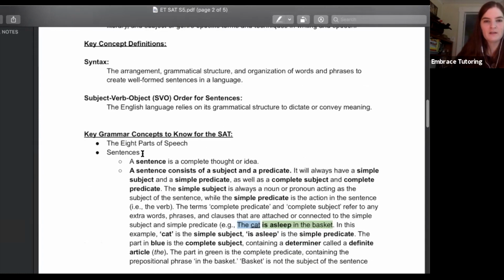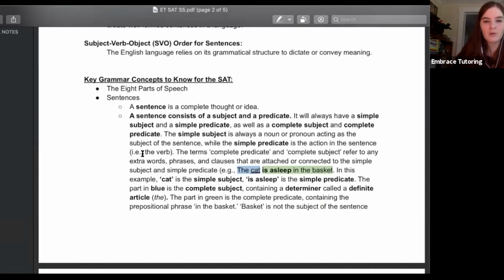Those are the key things to think about going forward.